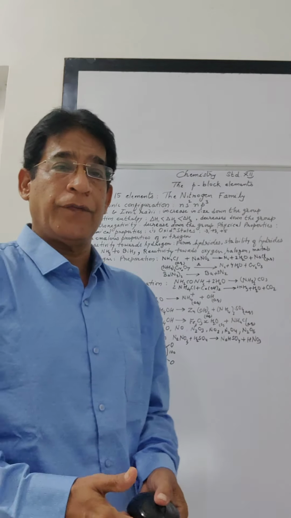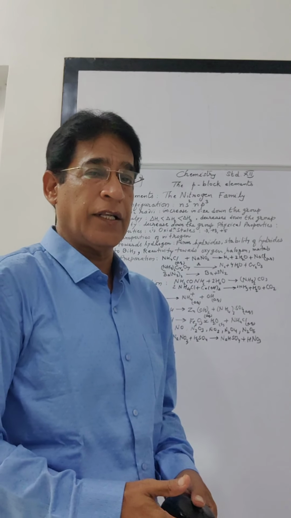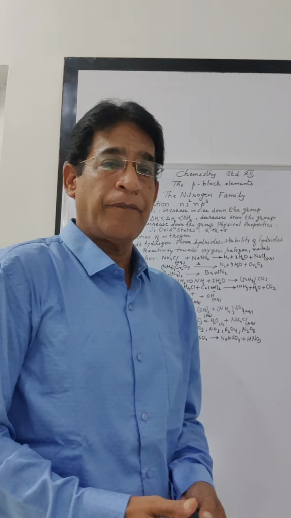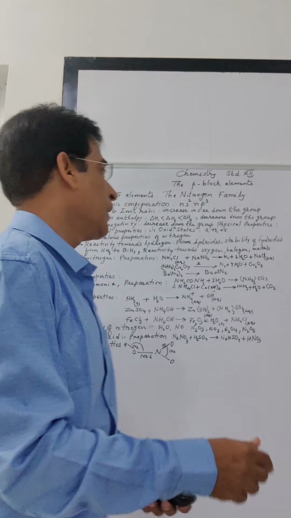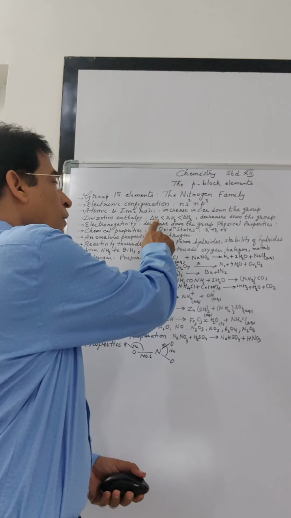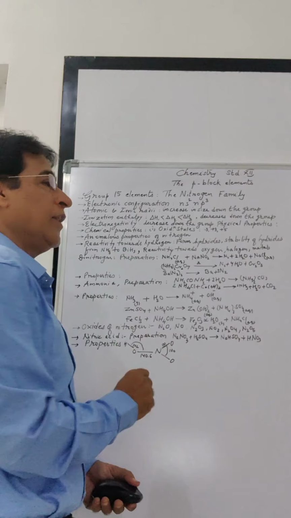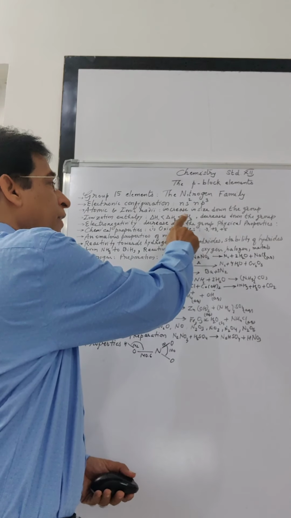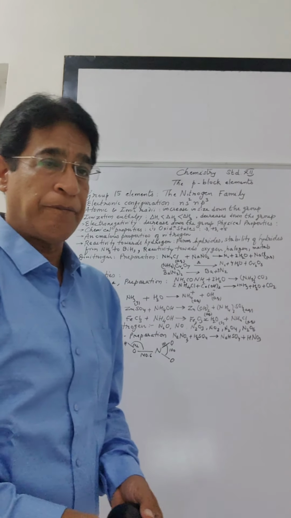The order of successive ionization enthalpies, as expected, is ΔiH1 < ΔiH2 < ΔiH3.